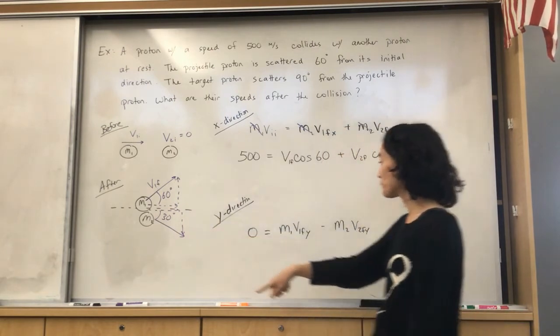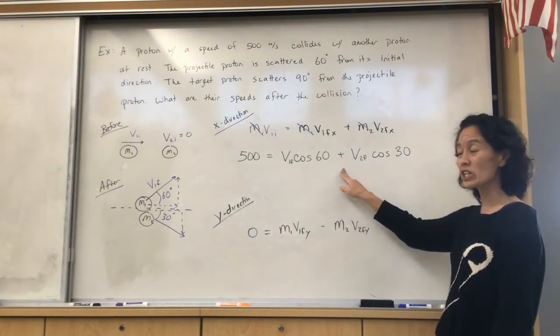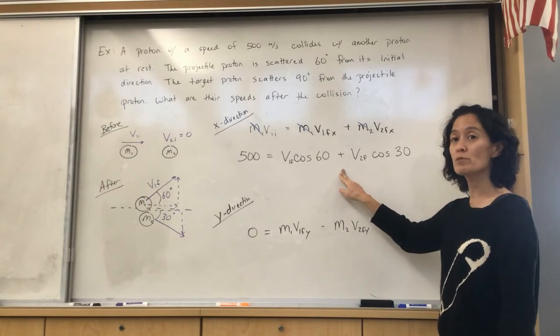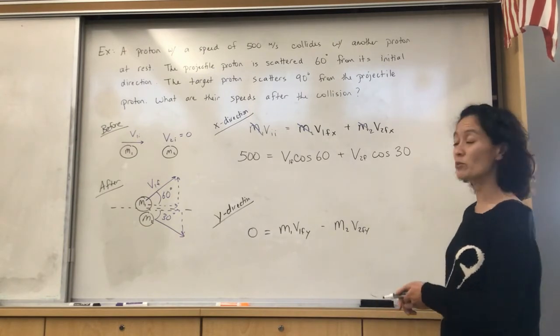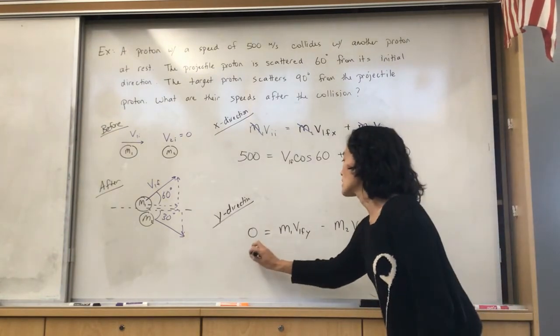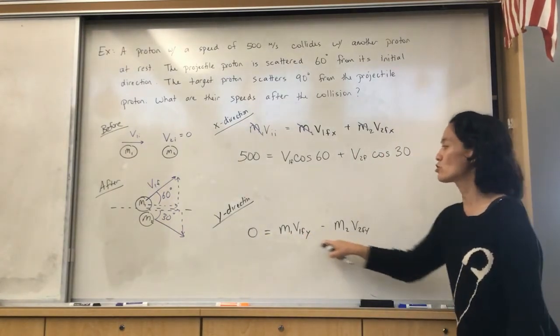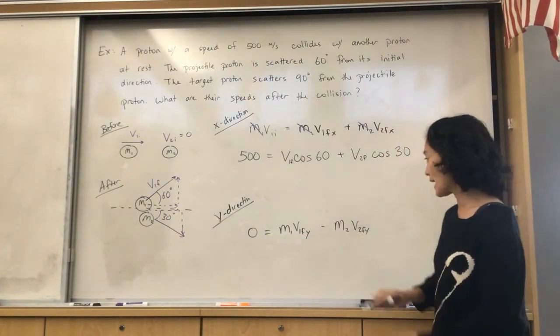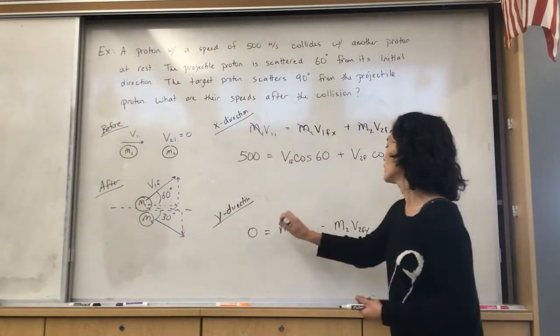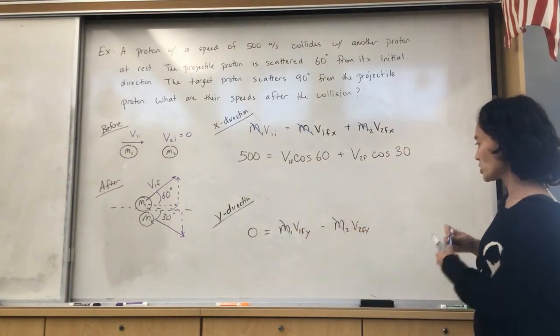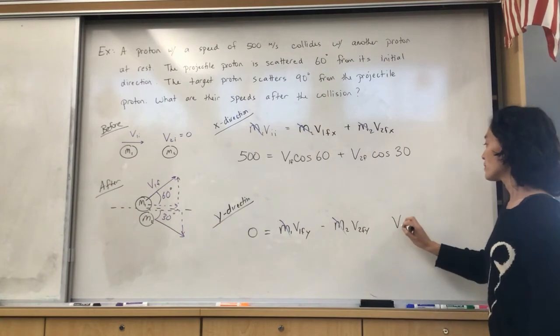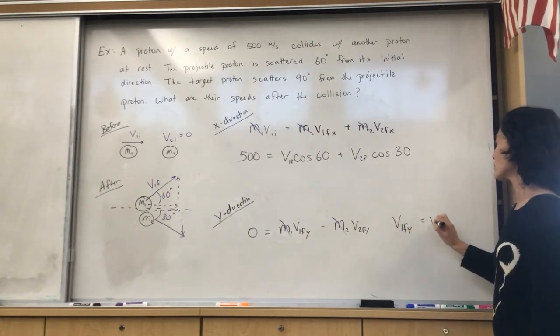I'm going to put it in terms of a trig function, in this case the sine. If 0 is equal to this minus this, these two are equal to each other, and the masses cancel out. So V1 final y is going to equal V2 final y.